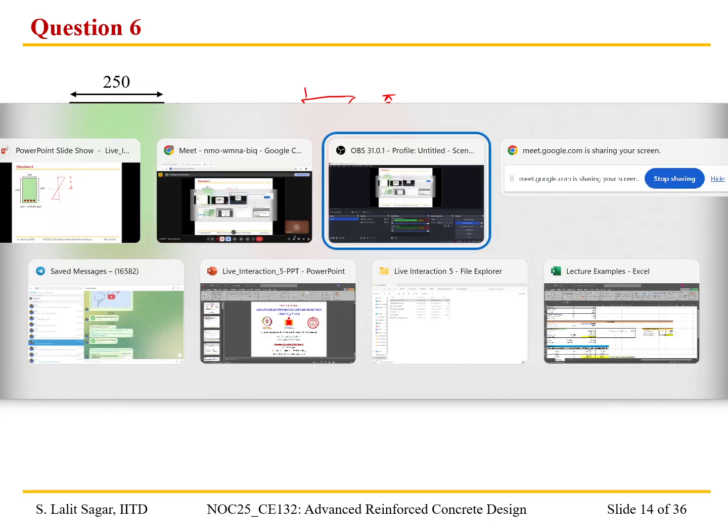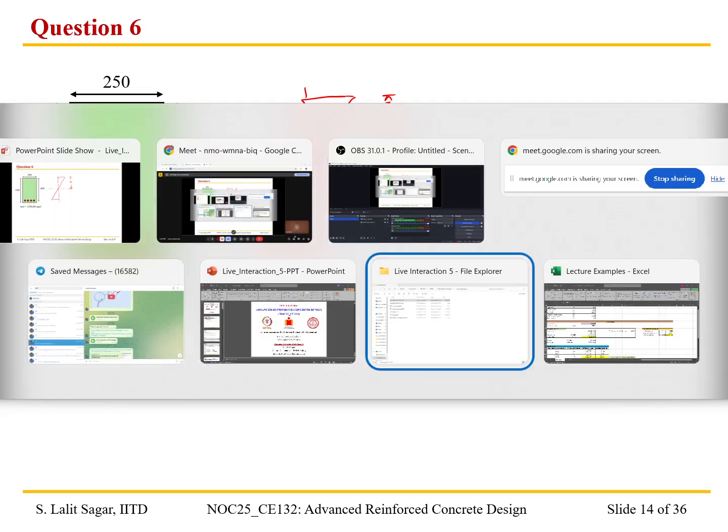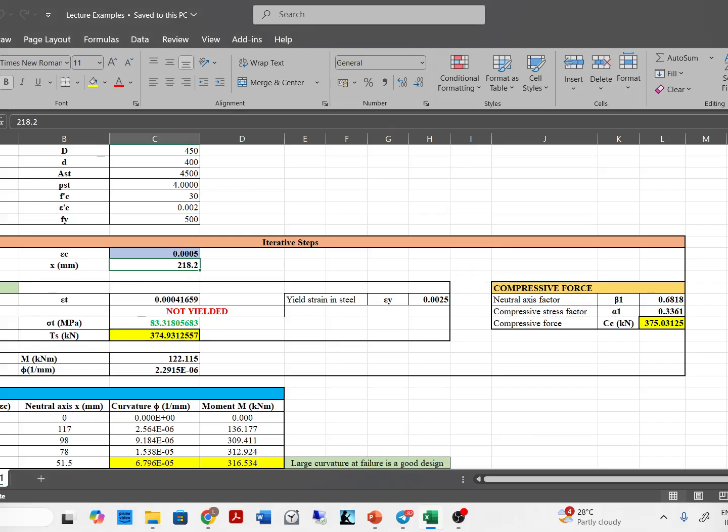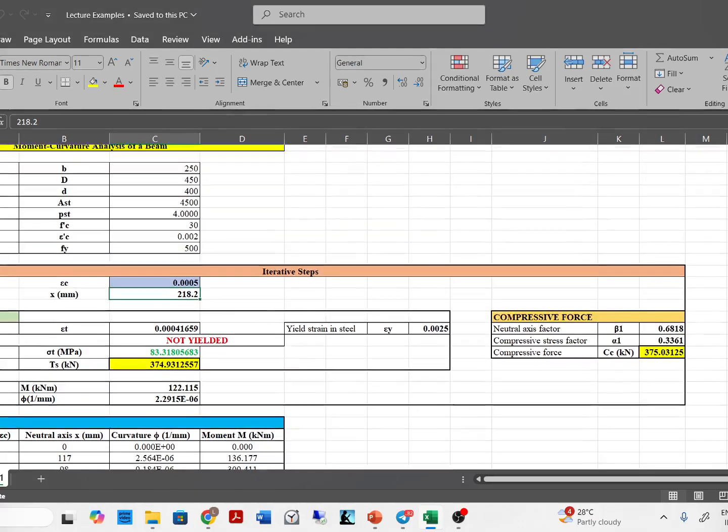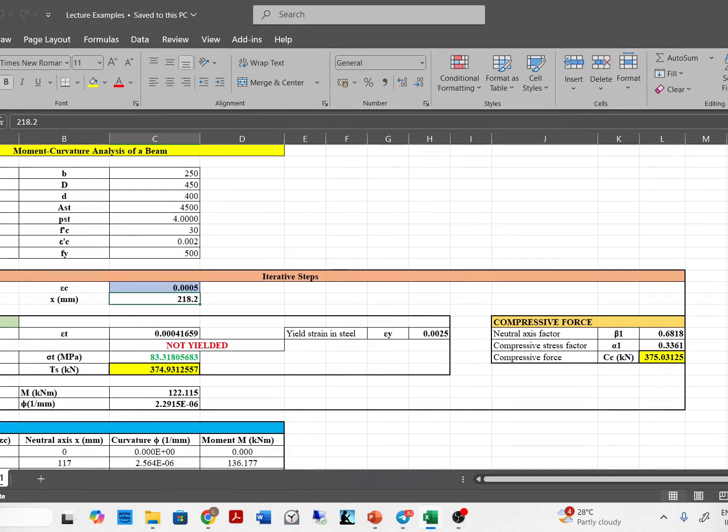Now I have developed an Excel sheet in order to do the same. Okay, so we will take it up for the highest strain values, but now let us consider the value of x.